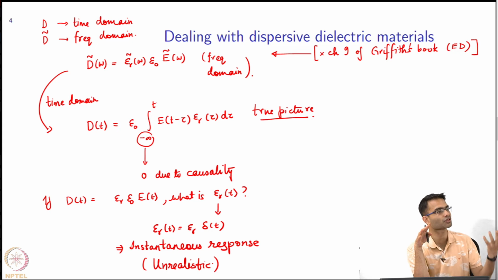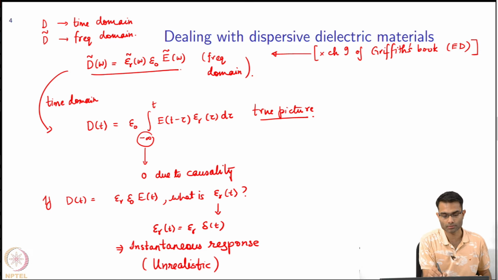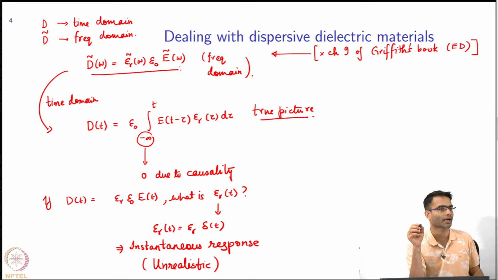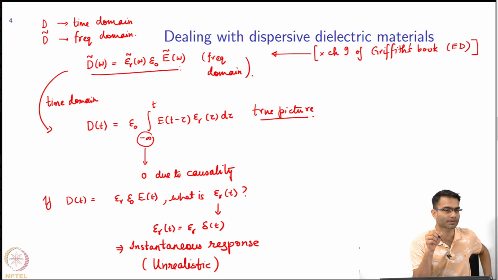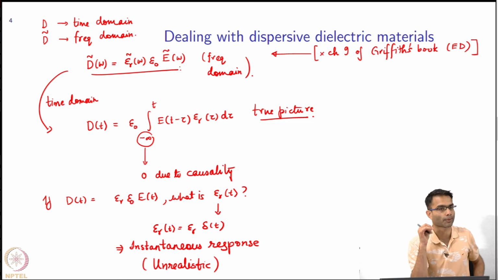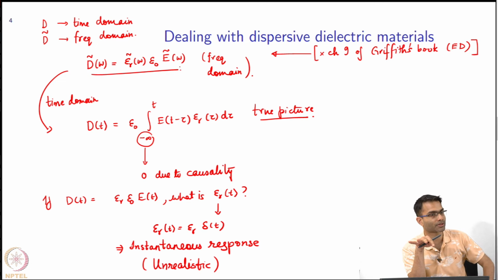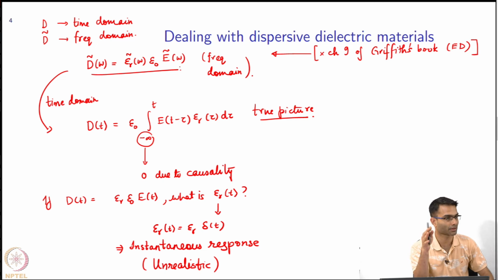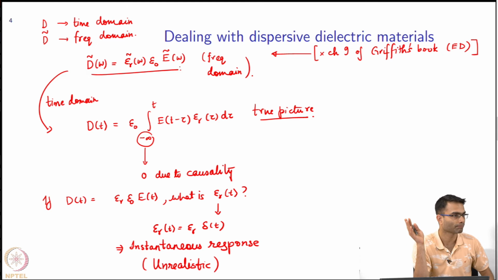I was anyway assuming e to the j omega t, so I was implicitly working in the frequency domain, using this relation without really realizing it, and putting the value of epsilon at that frequency. So there was no problem there. The problem comes in now when I am explicitly in the time domain. I have to worry about the relation of D and E in time, because Maxwell's equations in differential form need time.